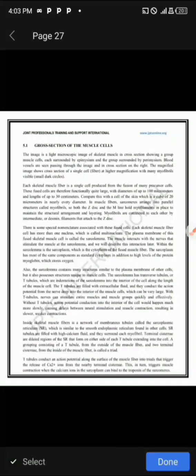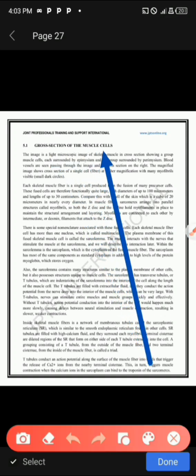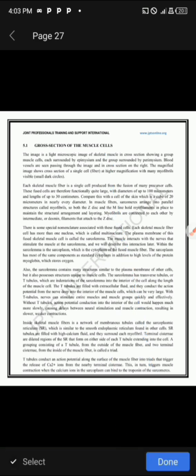Cross-section of the muscle cells. The image is a light microscopic image of skeletal muscle in cross-section, showing a group of muscle cells surrounded by connective tissue.